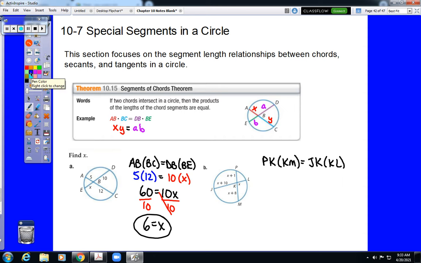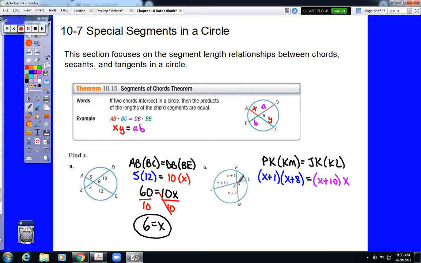So PK is quantity X plus 1. KM is quantity X plus 8. JK is quantity X plus 10. And KL is X. And that X is not very well placed. That is the length of KL.